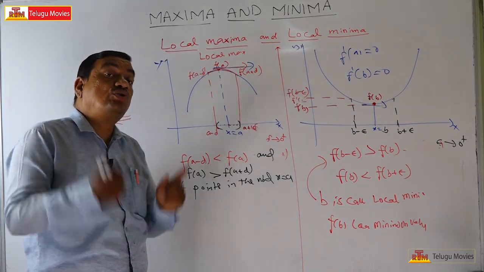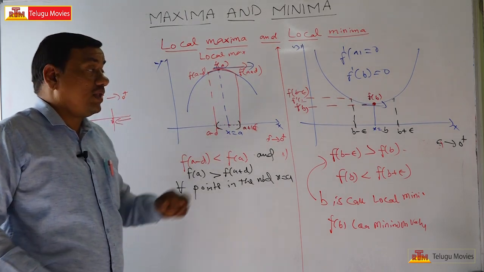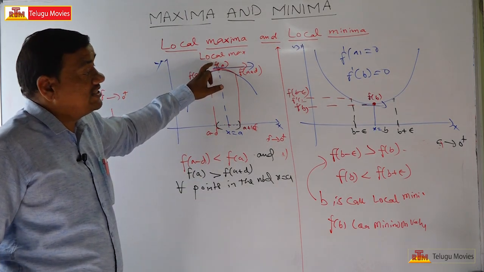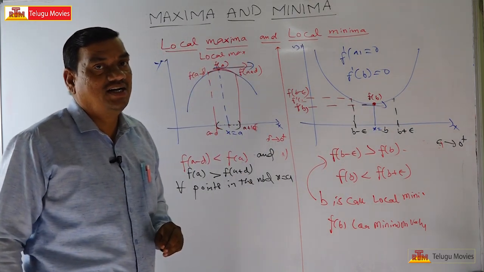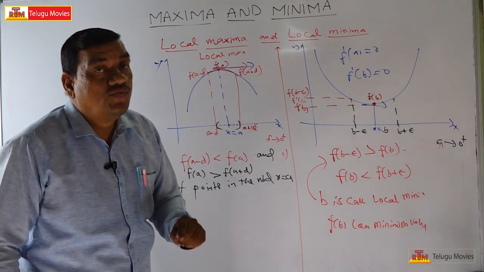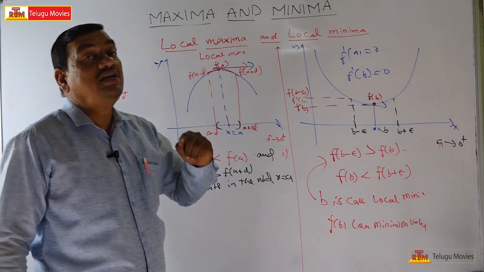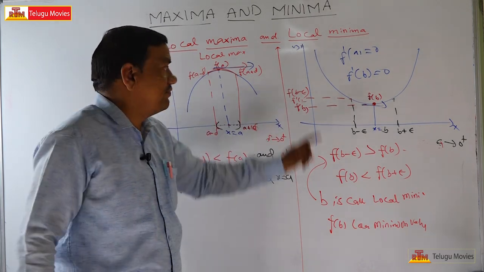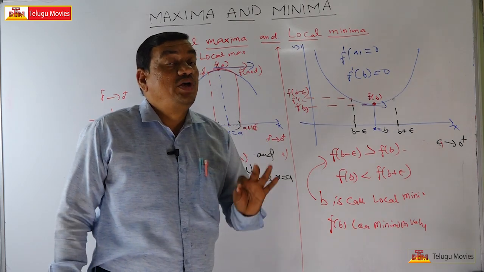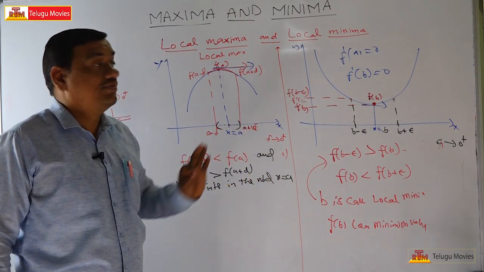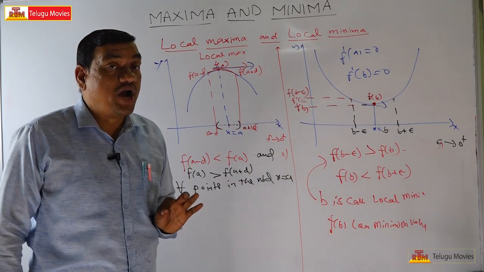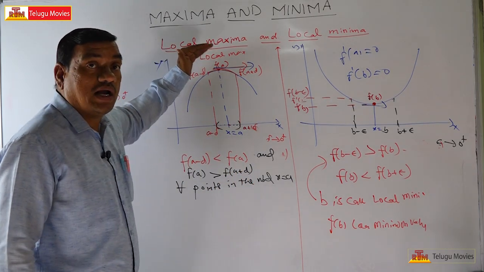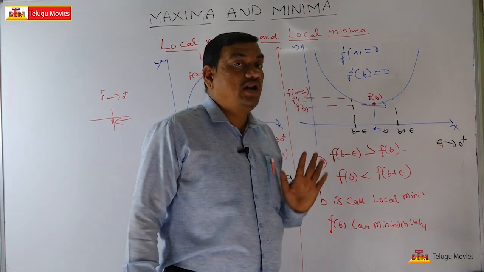But how to decide whether that point is a local maximum or a local minimum? For that, we will make use of the second derivative. Using the first derivative, we can declare that at those points we get a local maximum or local minimum.